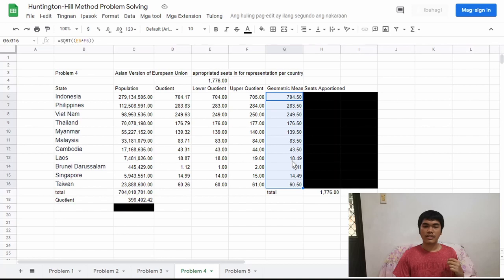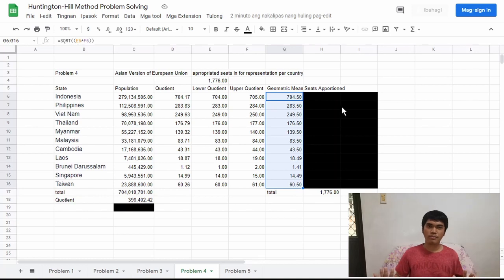Laos got 18.49, which is lower than the quotient. Brunei Darussalam got 1.41, which is higher than the quotient. Singapore got 14.49, which is lower than the quotient. And our favorite country, Taiwan, got 60.50, which is higher than the quotient.